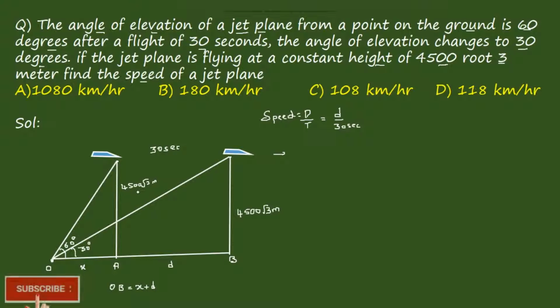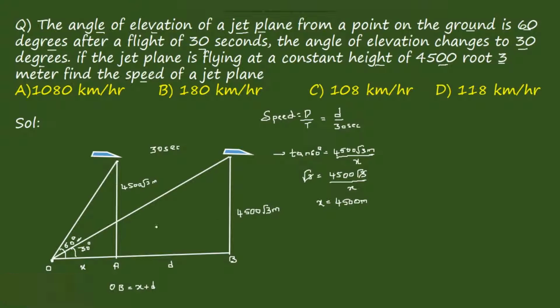If you consider 60 degrees first, then tan 60 degrees is equal to 4500 root 3 meters by X. Tan 60 degrees is root 3. So root 3 is equal to 4500 root 3 by X. Root 3 gets cancelled. Then X is equal to 4500 meters.